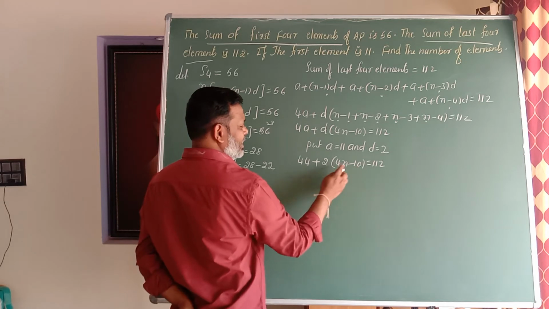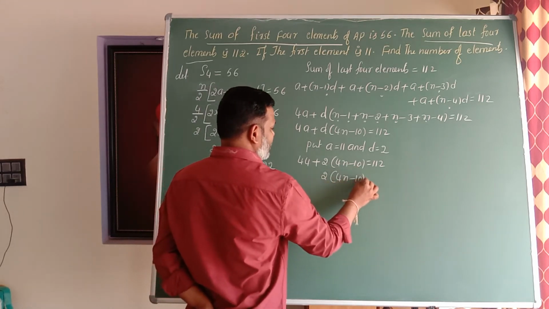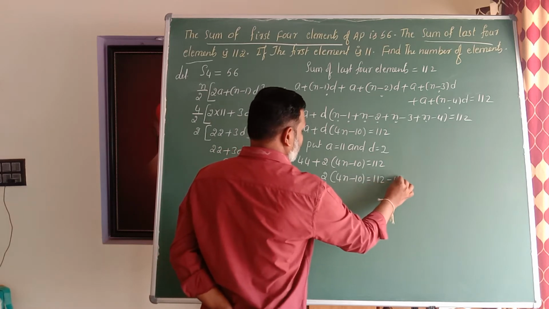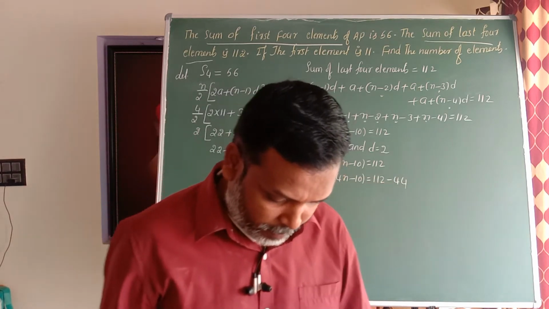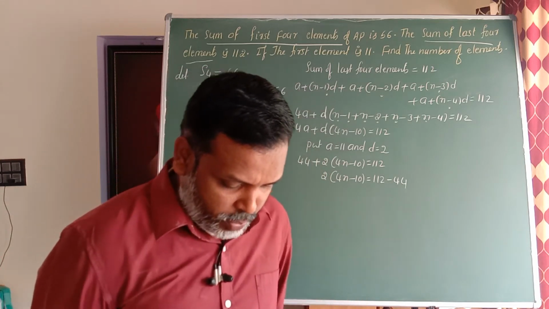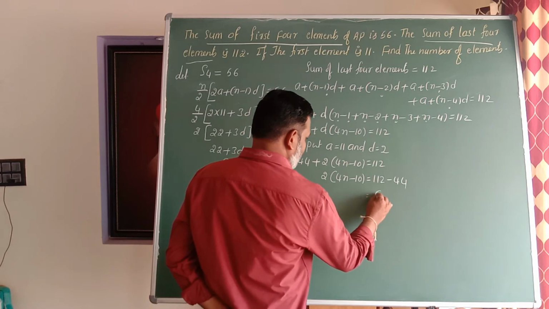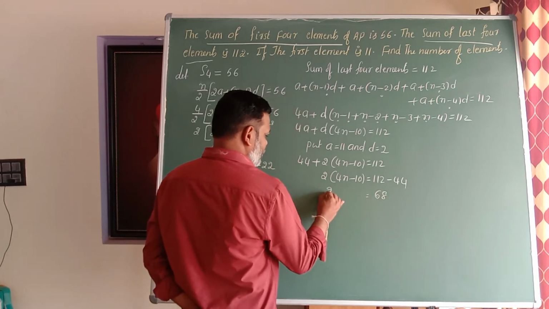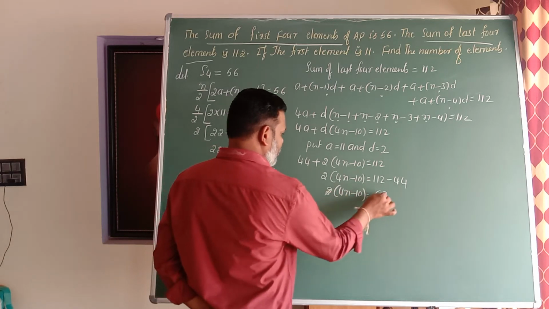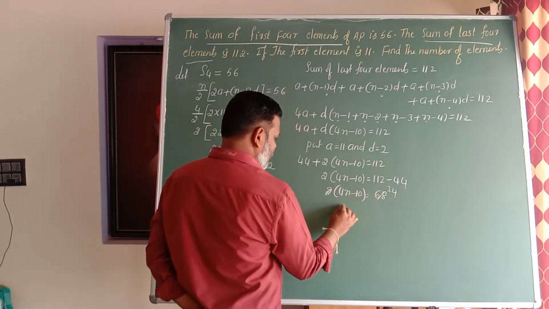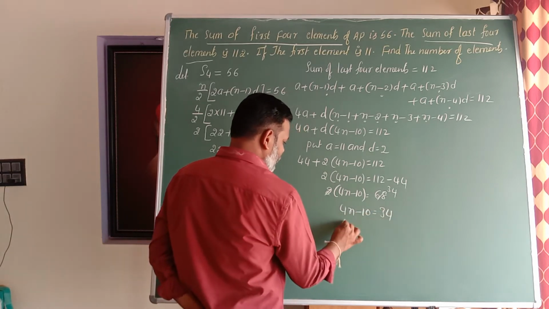Keep this term here only. 2 into 4n minus 10 is equal to 112 minus 44. What is 112 minus 44? 112 minus 44 is 68. So this is 2 into 4n minus 10 equal to 68. Now 2 thirty-fours are 68. So then this becomes 4n minus 10 is equal to 34.